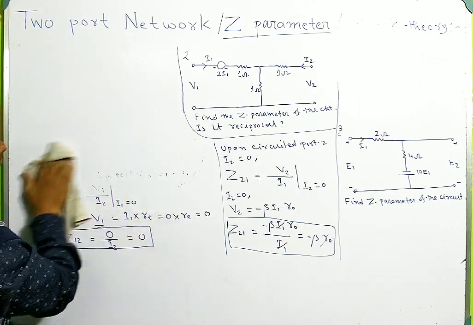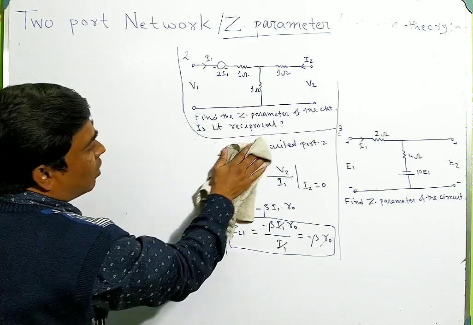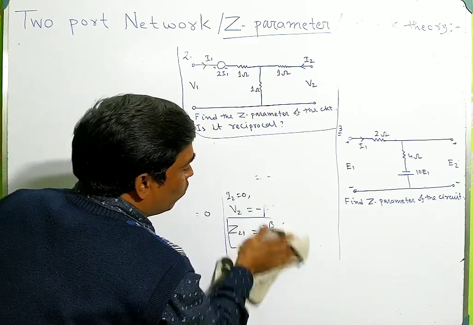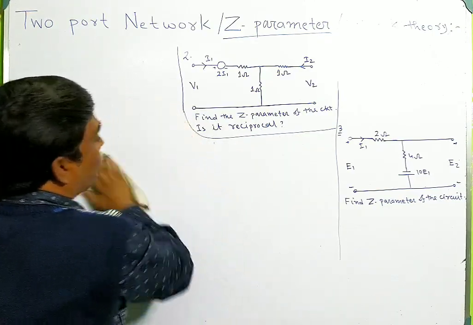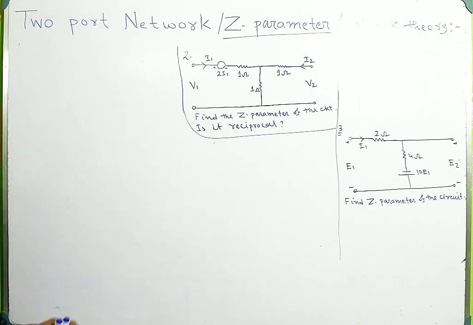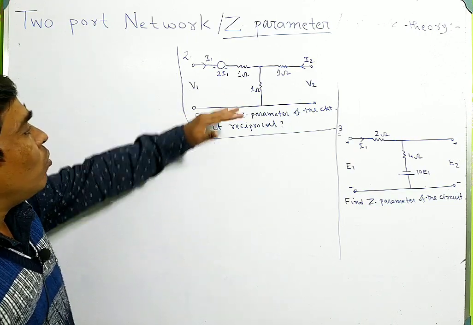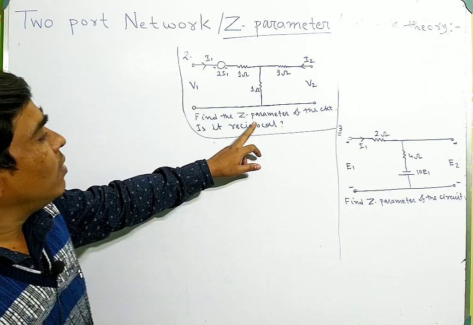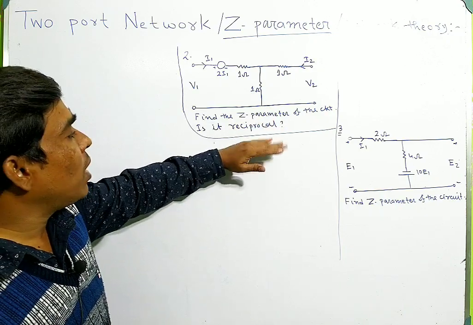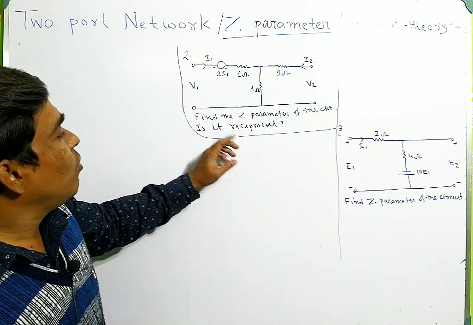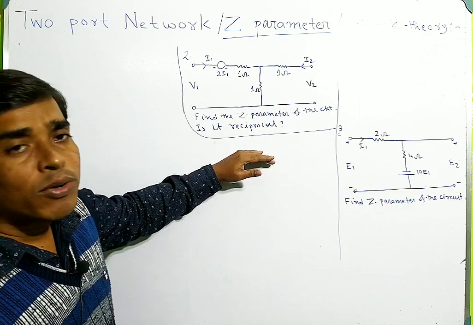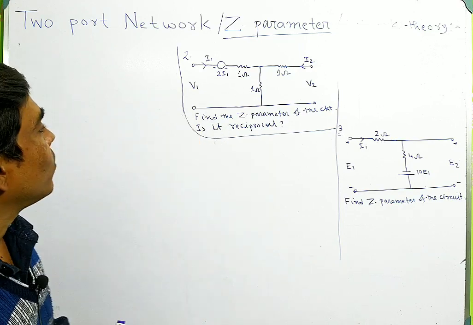Now we will solve problem number 2. In this problem, you have to find all the Z parameters, and check whether the network is reciprocal or not.